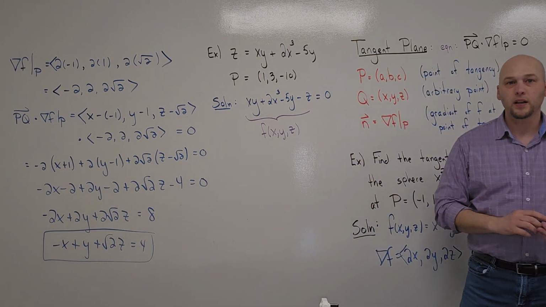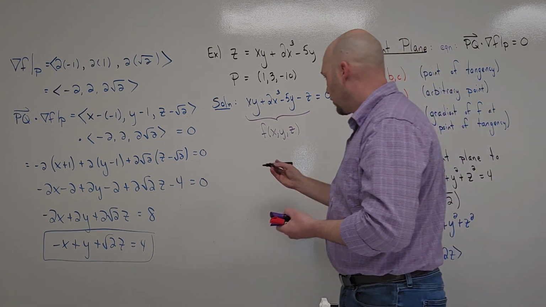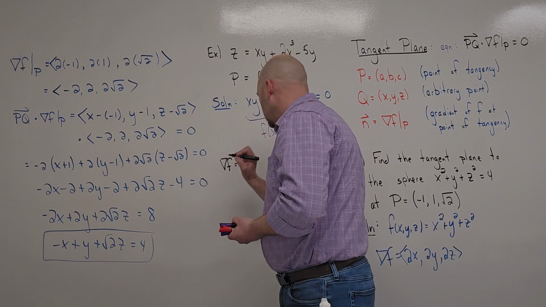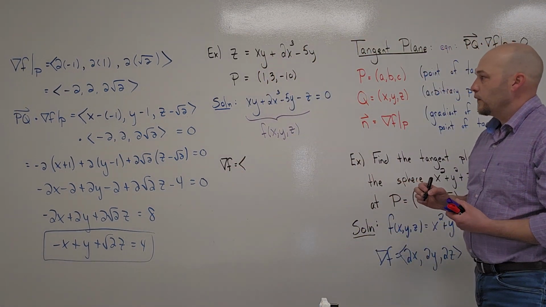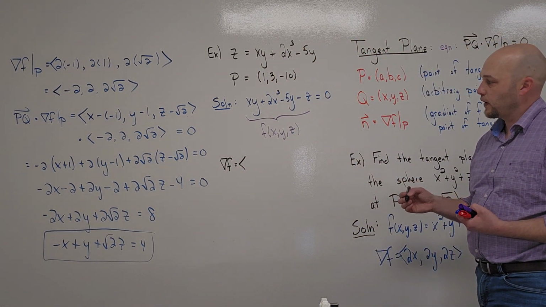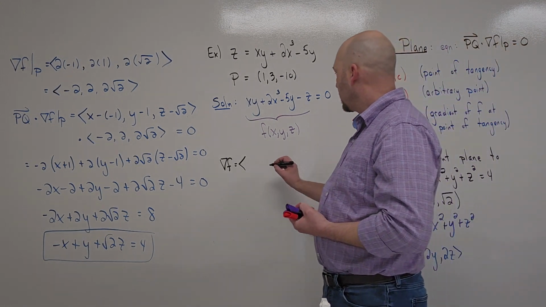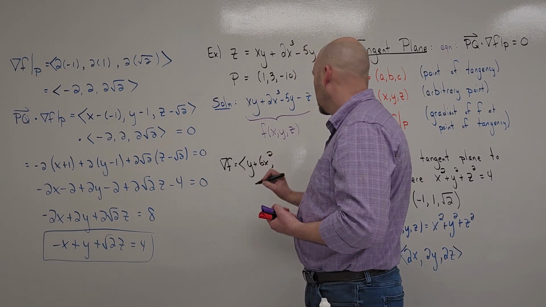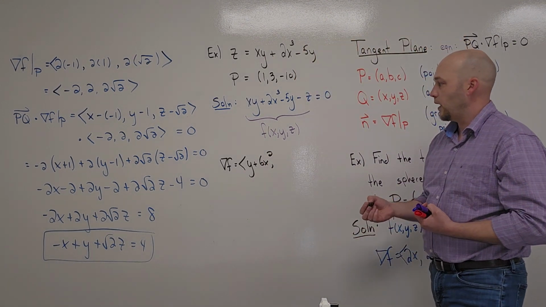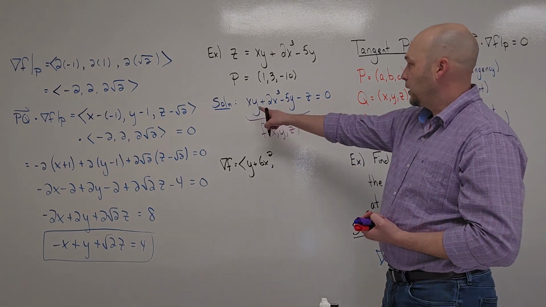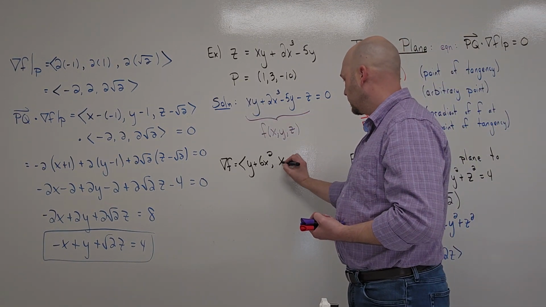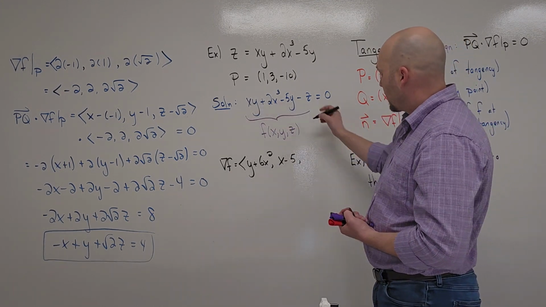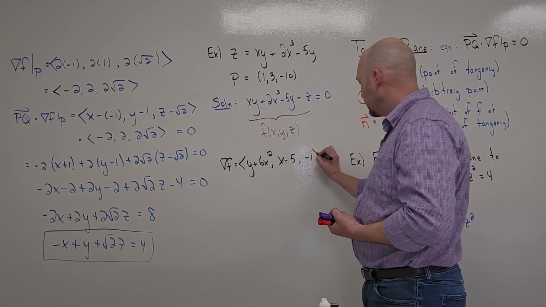And that's what I'll take the gradient of. So the gradient of that function, okay, the first component is the partial derivative of f with respect to x. That would be y plus 6x squared. The partial of f with respect to y would be x minus 5. The partial of f with respect to z would be -1.